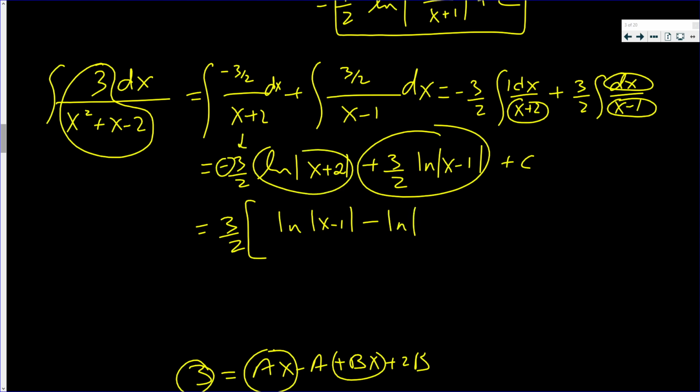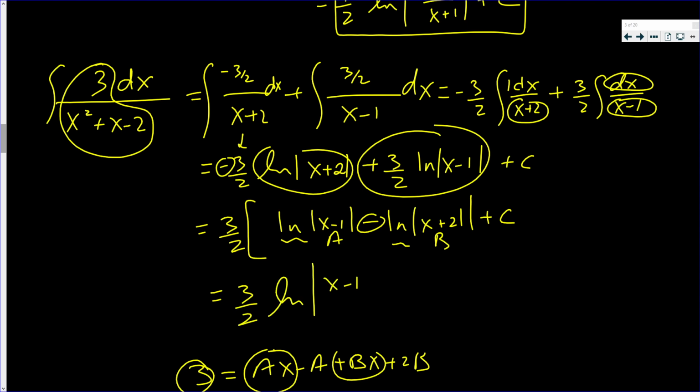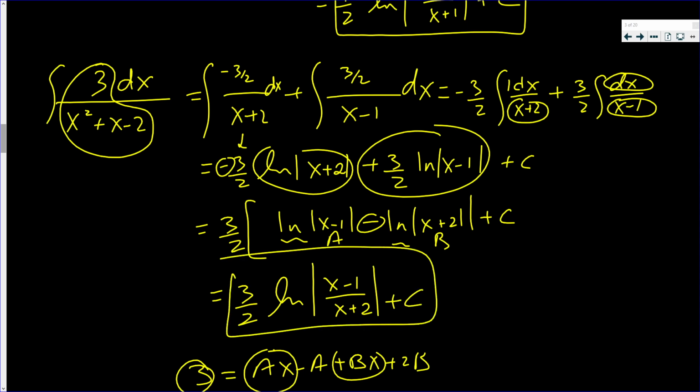Notice I just didn't write down the 3 over 2 because I wrote it down in front. Plus c. Well, ln of a minus ln of b is ln of a over b, plus c. There is the answer to that problem using partial fractions.